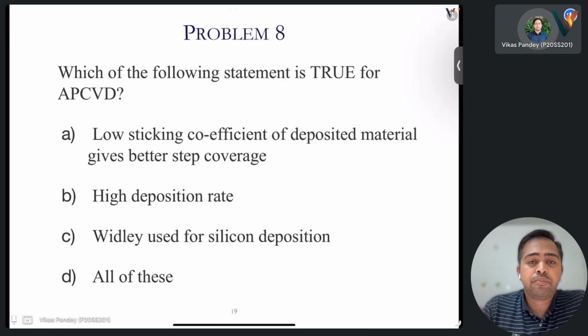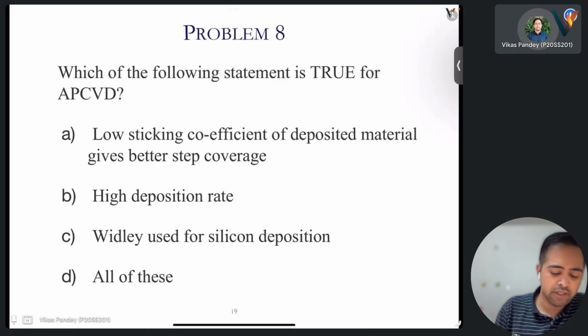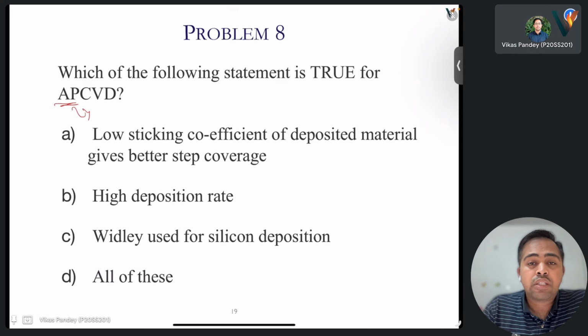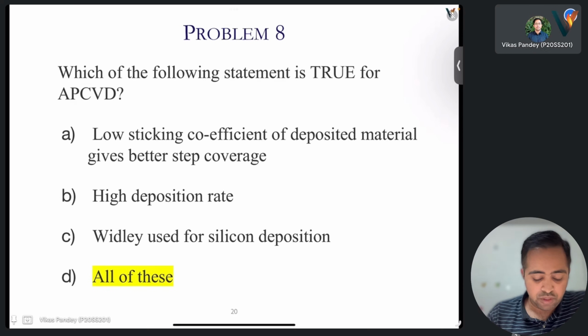Which of the following statement is true for AP-CVD? AP means atmospheric pressure CVD. Low sticking coefficient of deposited material gives better step coverage, high deposition rate, widely used for silicon deposition, or all of these. Okay.